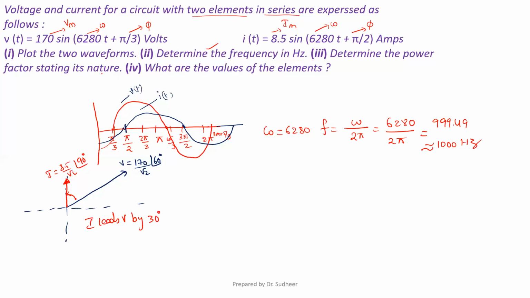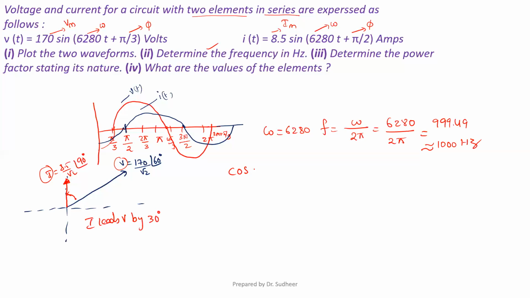Then determine the power factor and its nature. So what is power factor? Cosine of the angle between V and I. The nature indicates whether current lags the voltage or current leads the voltage. Clearly, current is leading the voltage, so the power factor is leading type. So what is the power factor?